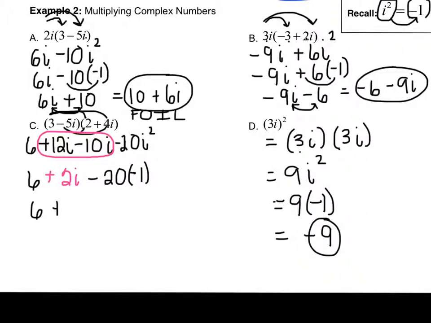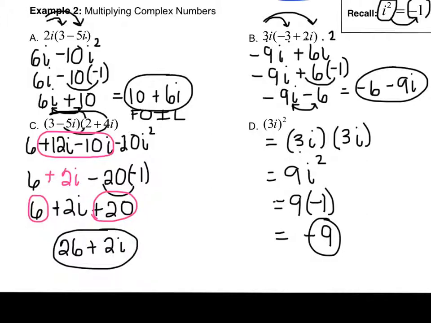So 6 plus 2i, and when we multiply negative 20 times negative 1, we get positive 20. And the last step is to combine the like terms, 6 and 20. So all together, that's 26, and that's the real part. And then we'll write the 2i after it, because that's the imaginary part.